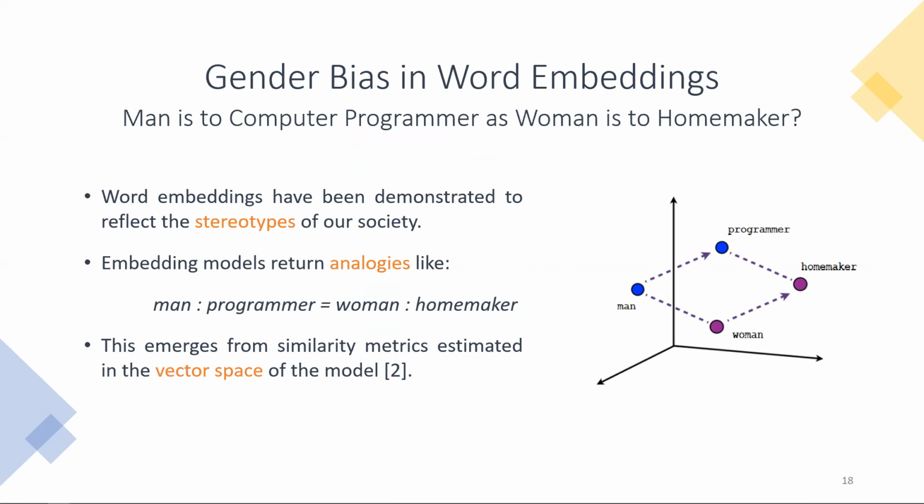It started in 2016 with the famous paper, Man is to Computer Programmer as Woman is to Homemaker, where the researchers found that there are these kinds of correlations inside language models, so that if you ask for analogies and you say man is to something as woman is to something else, your language model will reply with man is to programmer as woman is to homemaker, because the correlation is that males should work as programmers, but women should stay at home and not actually do any sort of work regarding programming or computer science.